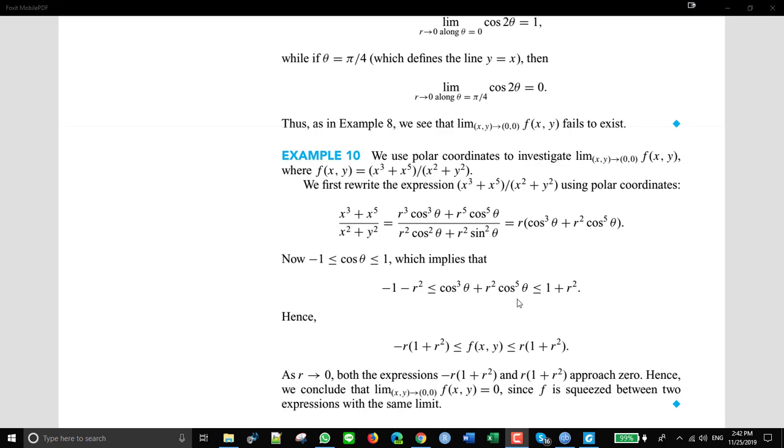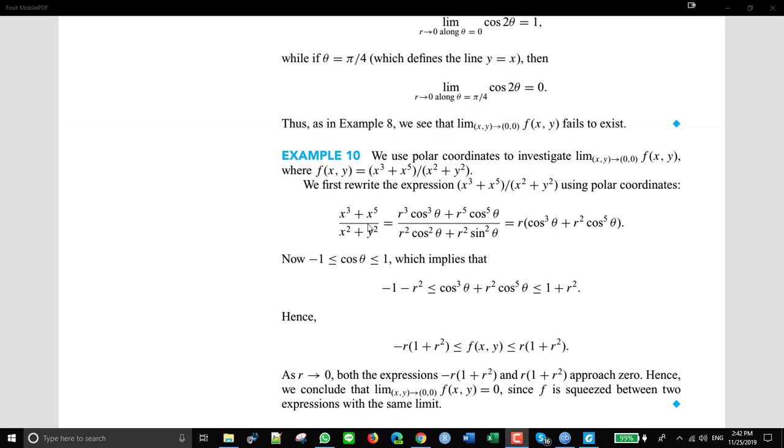So we get 1 plus, the largest this can be is 1 plus r squared. That's what they have here. And the smallest that this can be is if the cosine of theta is equal to -1, then the cube is still -1, and raising it to the 5th is still -1. So this is -1 minus r squared. So this thing is going to be bounded by these two expressions.